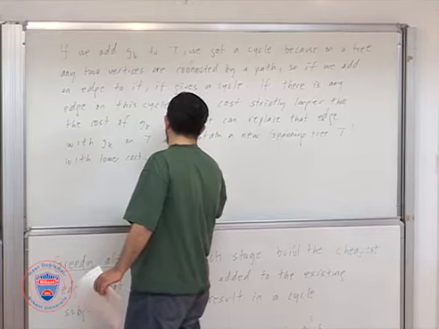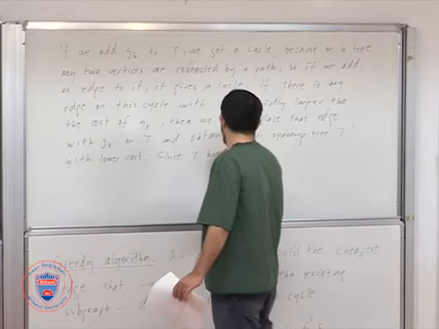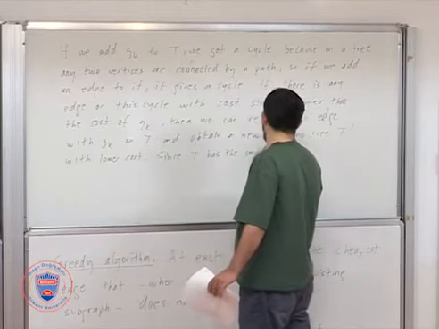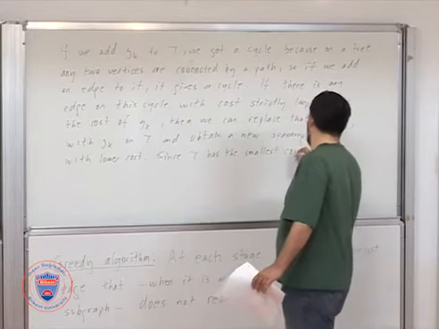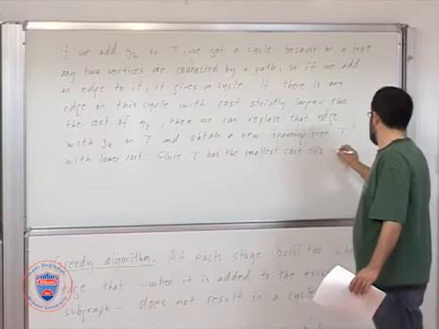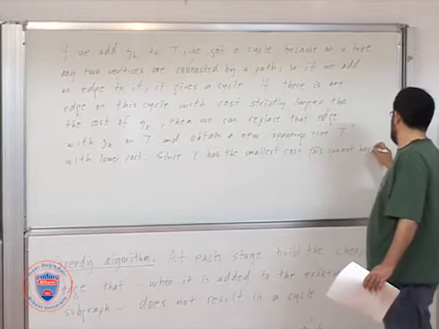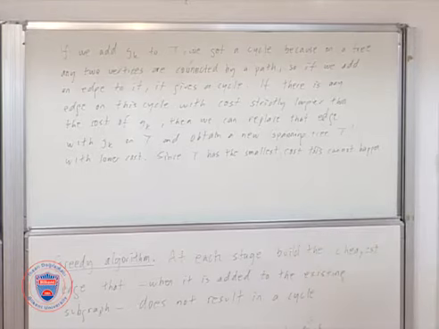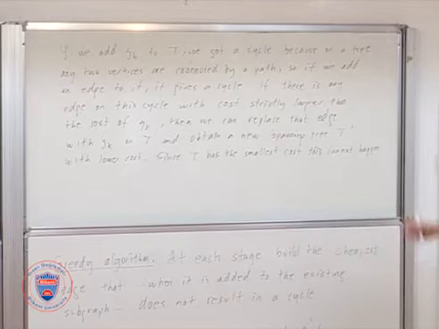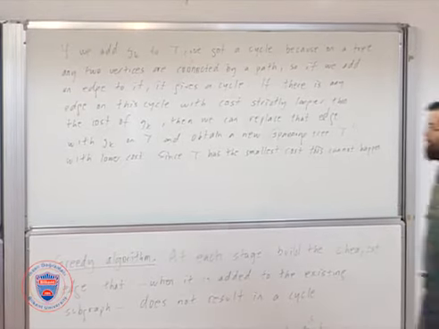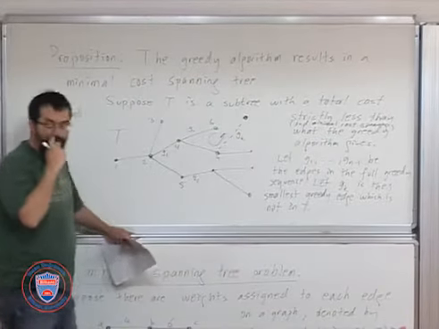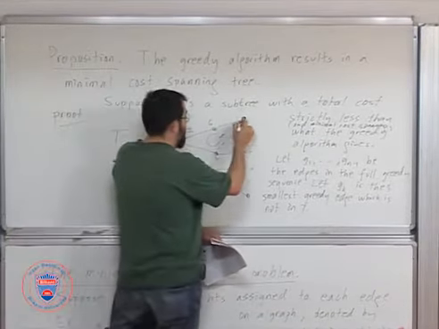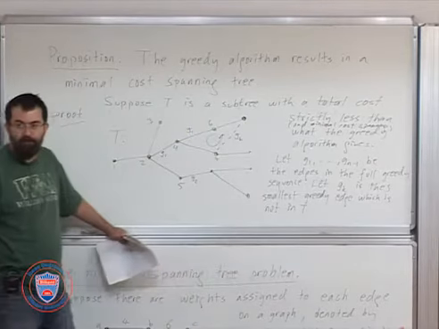Since T is the minimal, the smallest cost, this cannot happen. So I should not be able to adjust T to a lower cost one by erasing an edge on the cycle that I obtained by adding GK. So I cannot erase an edge on the cycle, which means they must have cost lower than GK.